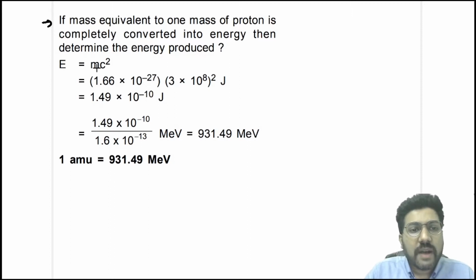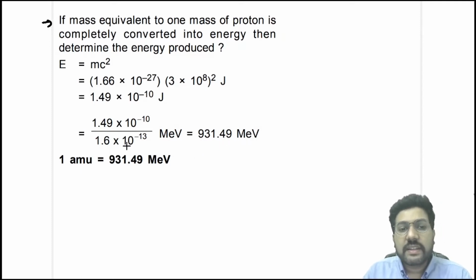The mass of a proton is approximately 1 AMU. So 1 AMU into C square, when you do it, you will get something like 1.49 into 10 raised to the power minus 10 joule. Now you convert it into mega electron volt, you will get 931.5 mega electron volt. So 1 AMU is approximately equal to 931.5 mega electron volt, right?